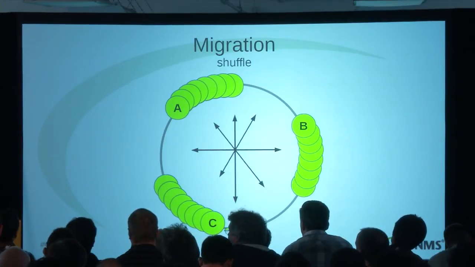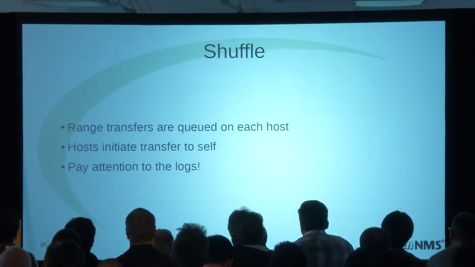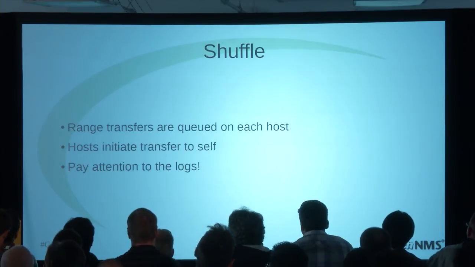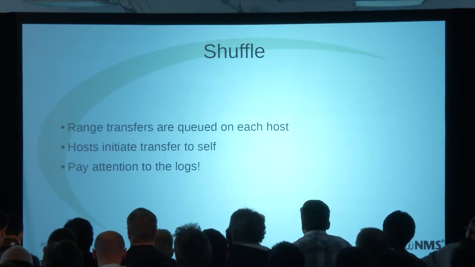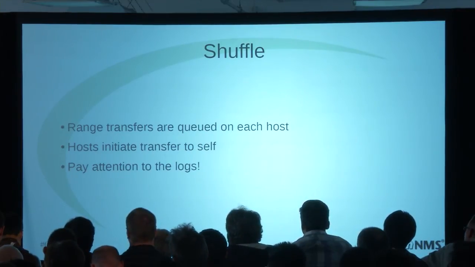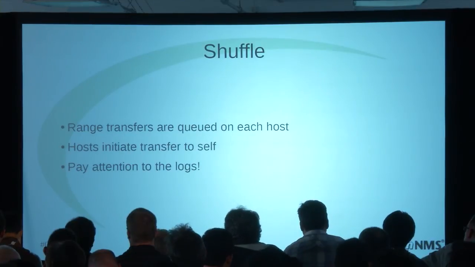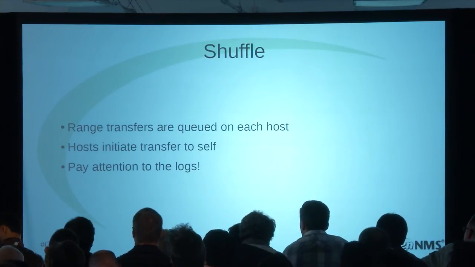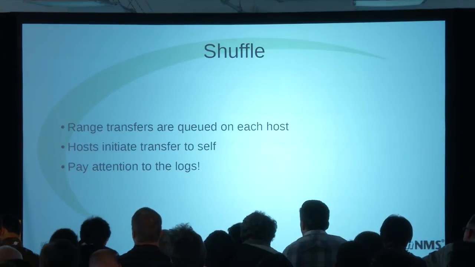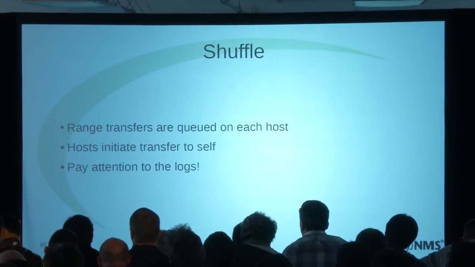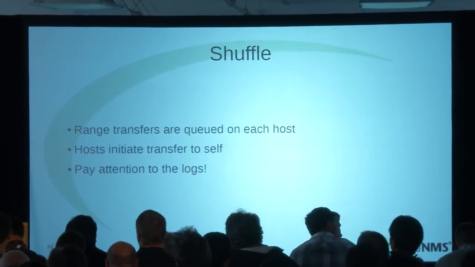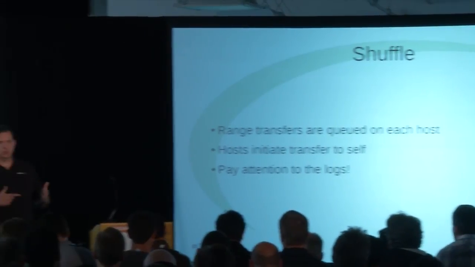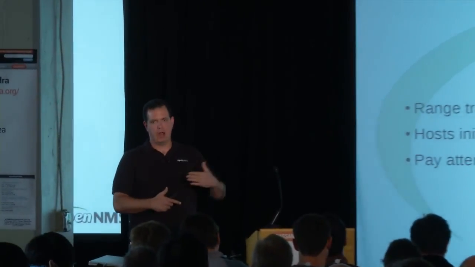The way that works is the mapping is created, and each node transfers the ranges that are destined for it to itself. For each range transfer, there's a source and a destination. We queue these entries up on the destination of those range transfers, and then each one works through its queue in order, sequentially, one at a time, with a break to help prevent one node from outrunning the others and copying all the partitions to itself.